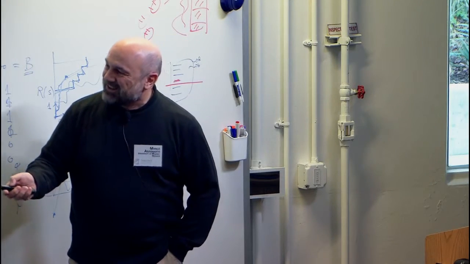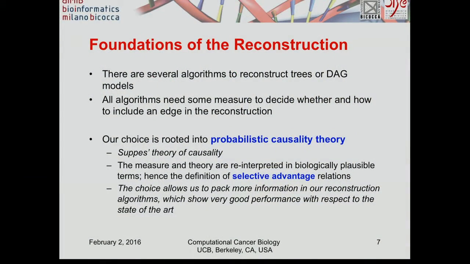In any case, the bottom line is that the choice of this particular scoring method allows us to pack more information in the reconstruction algorithm. Okay, and the result that we get is not only a temporal one, without timing, let's be clear.